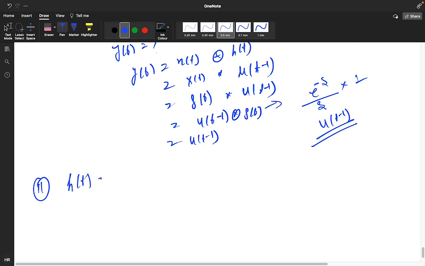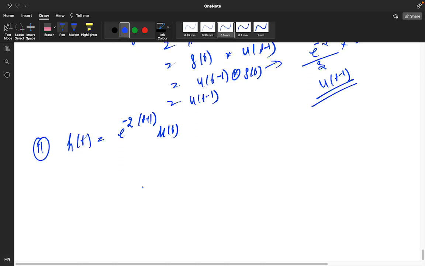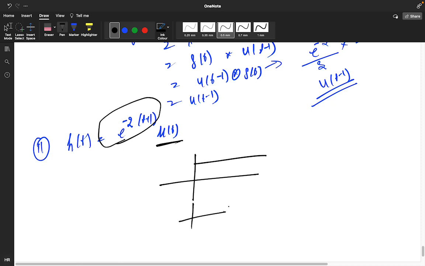Now the second question: h of t is given as e power minus 2 t plus 1 times u of t. What is the meaning of this? Is this a causal system or a non-causal system, because you have a u of t? These two particular functions are getting multiplied.